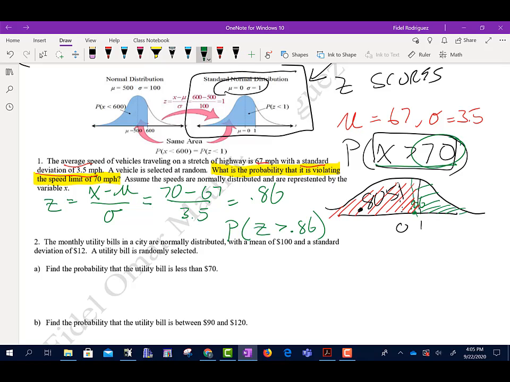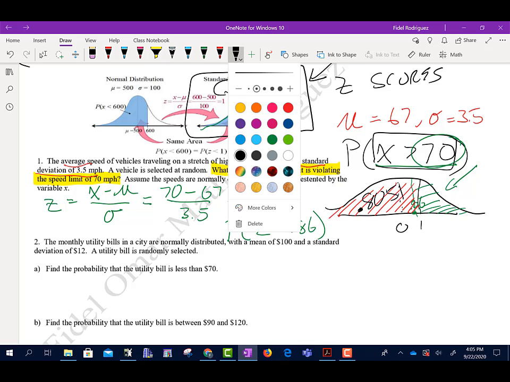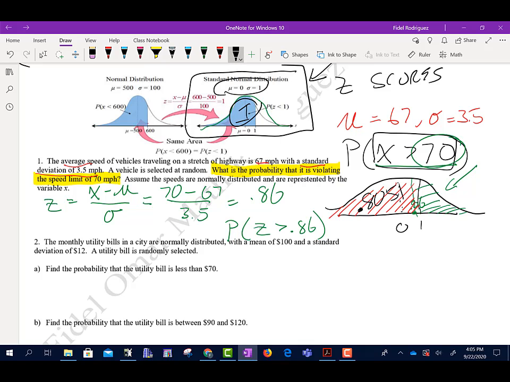But remember, I'm actually trying to find this area. The area underneath the whole curve is equal to 1. So if I wanted to find the green part here, all I would need to do is take 1 minus 0.8051.